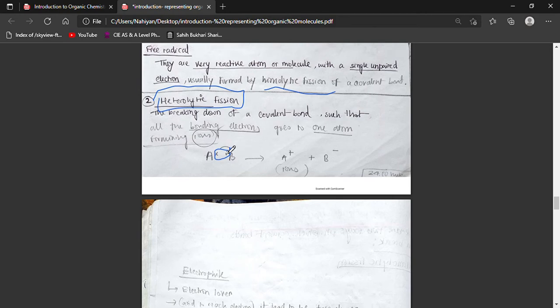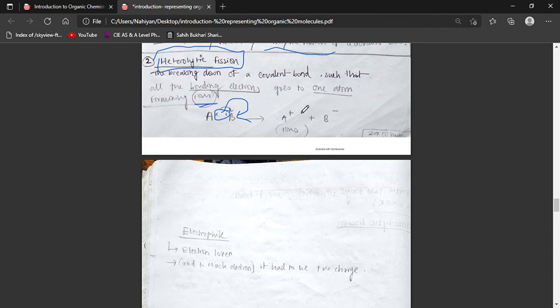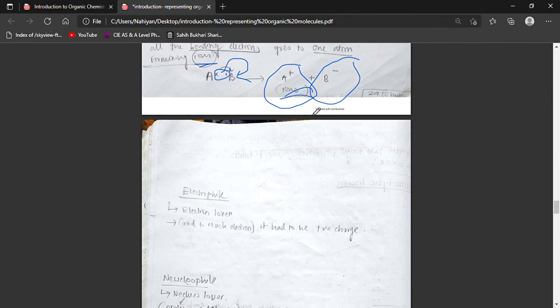So what we get now are ions. Note that we are not getting radicals; these are fully charged, as one is losing electrons and the other is gaining electrons.